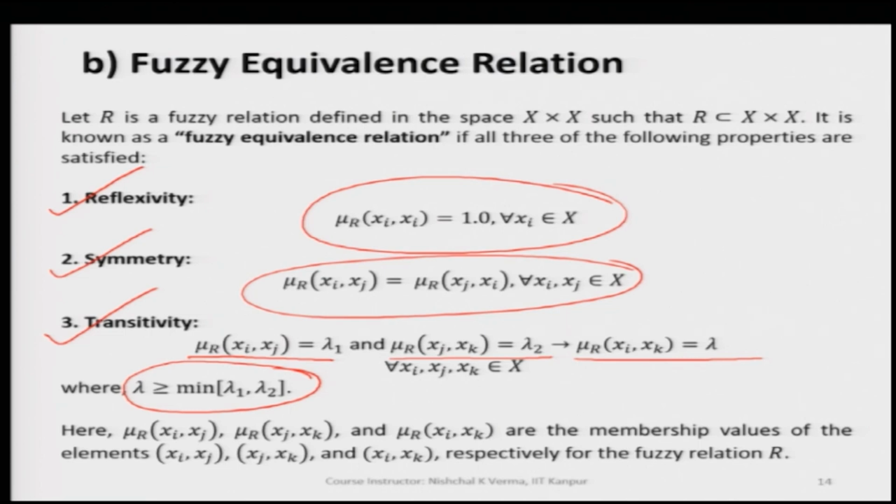This way, if all the three conditions are satisfied, the first condition being reflexivity, the second symmetry, and the third transitivity, for any fuzzy relation set, we can say this fuzzy relation set is a fuzzy equivalence relation.